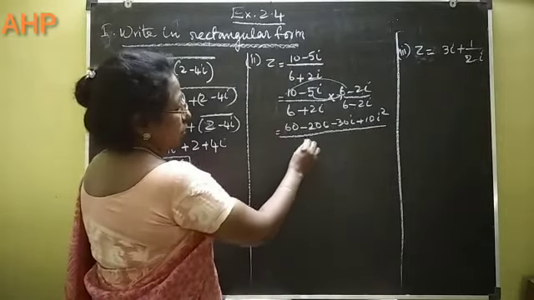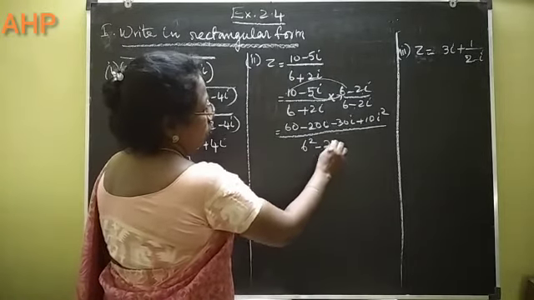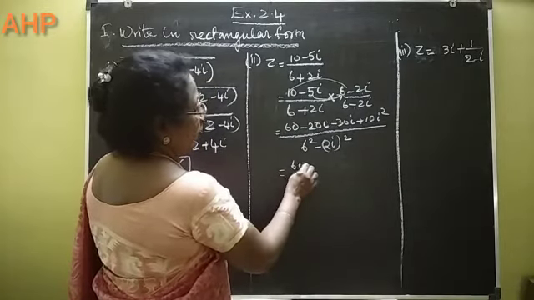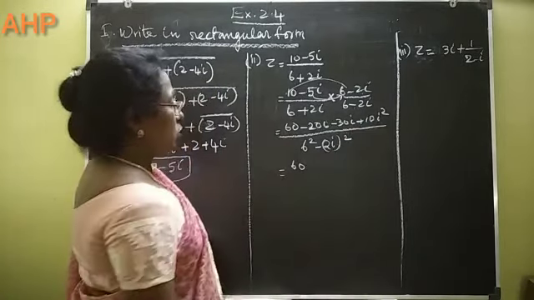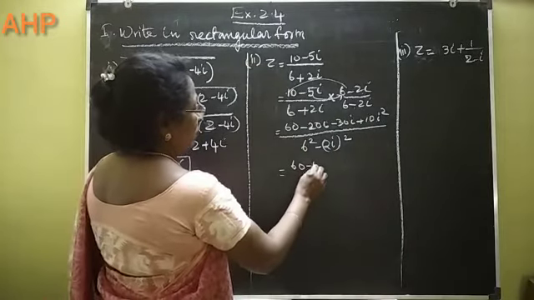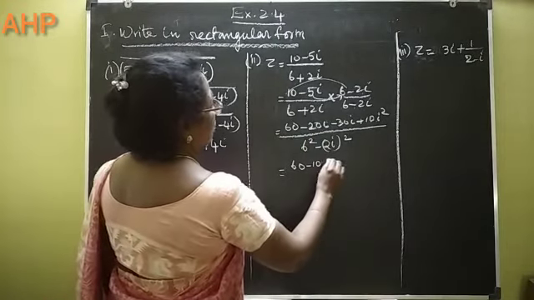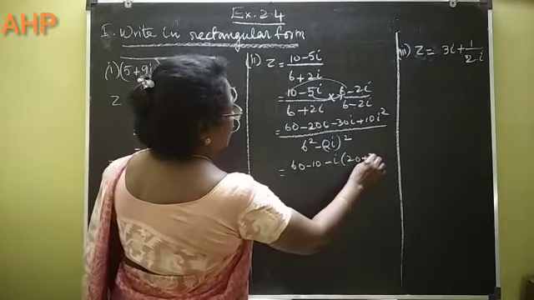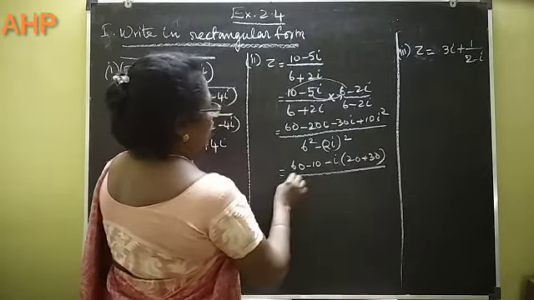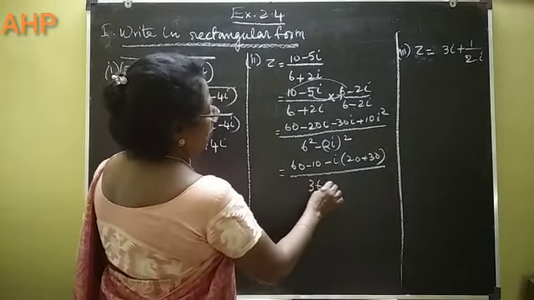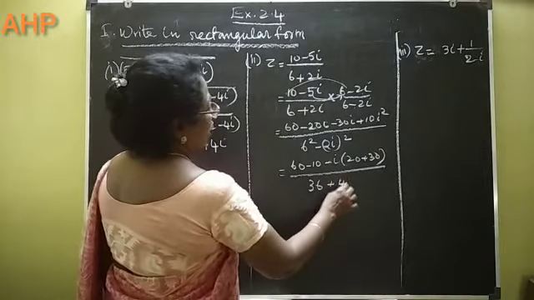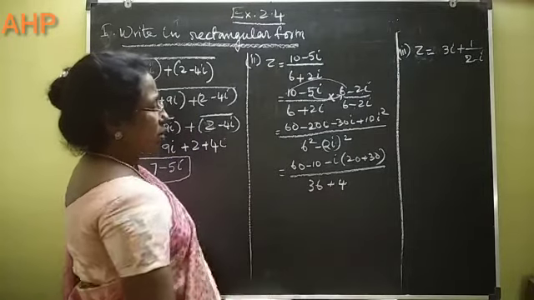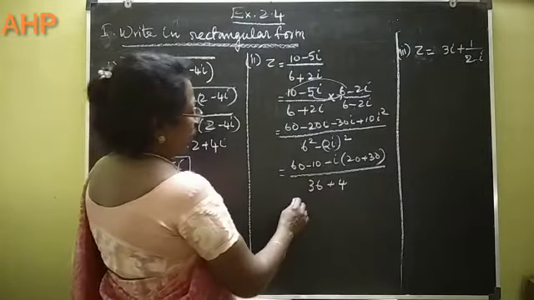So this is equal to 6 square minus 2i the whole square. Now simplifying this, 60. Now i square value is minus 1, therefore minus 10. From these two we can take minus i outside, 20 plus 30, divided by 6 square, 36 plus 4. I square value is minus 1, minus of minus is plus, therefore we are going to get 36 plus 4.